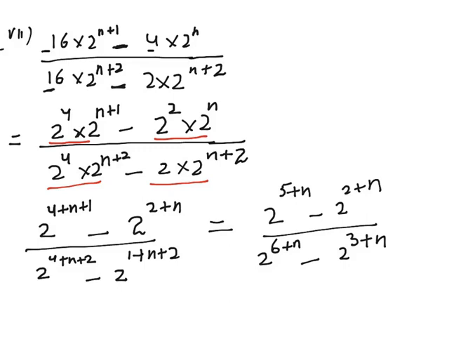Now what we will do, we will write 2 raised to the power 5 plus n as 2 raised to the power 5 into 2 raised to the power n, because we know a raised to the power m plus n can be written as a raised to the power m times a raised to the power n. So here we are using this law.